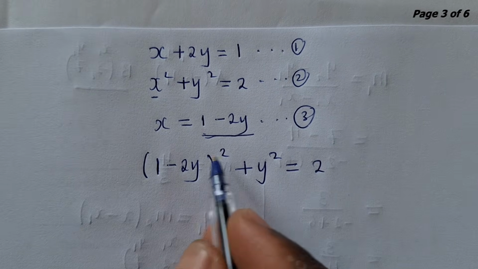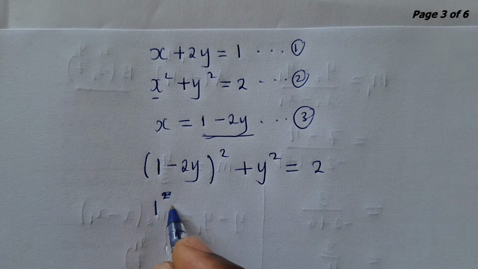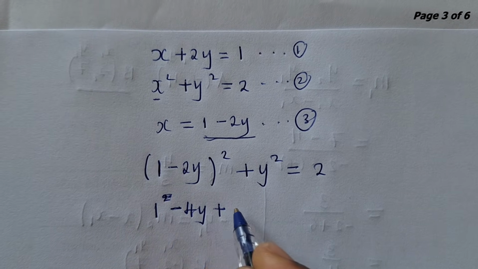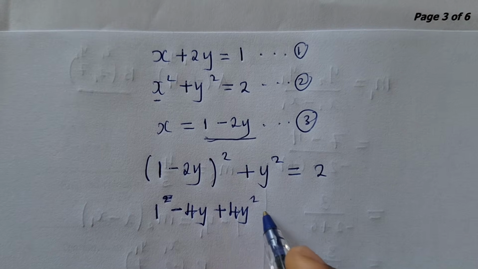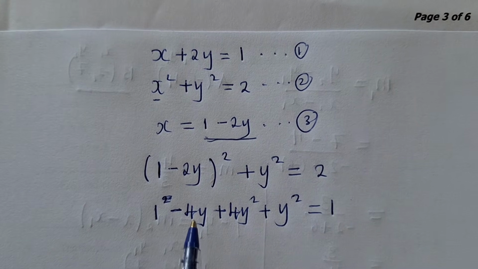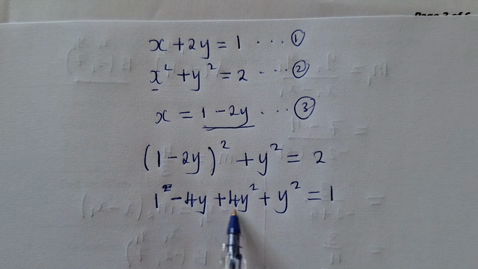So we can simplify here. We have 1 squared, which is just 1. And this will be minus 4y plus 4y squared plus y squared is equal to 2. So you just multiply 1 minus 2y by itself. It's going to give us this. Okay?